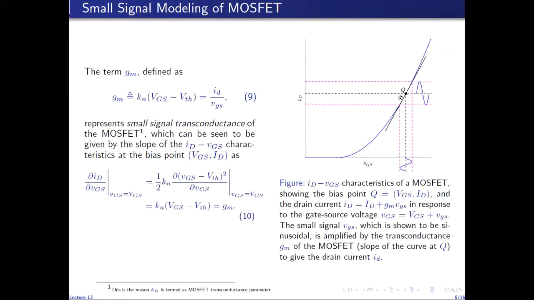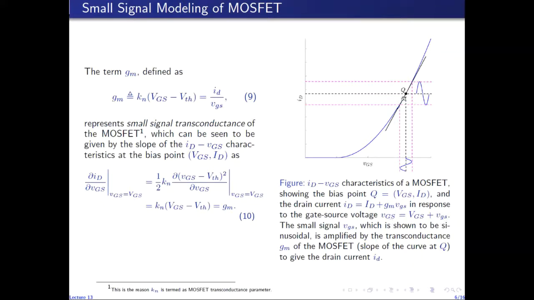So Q here is the bias point, which gives us the DC component of the input voltage and the DC component of the output drain current.